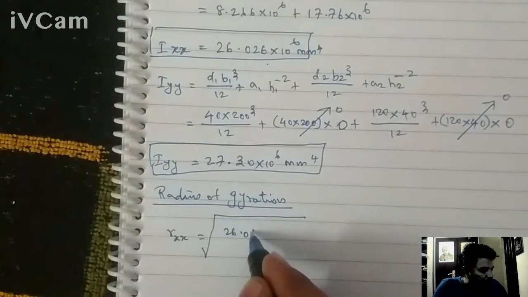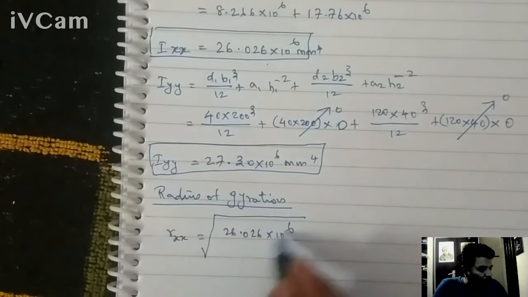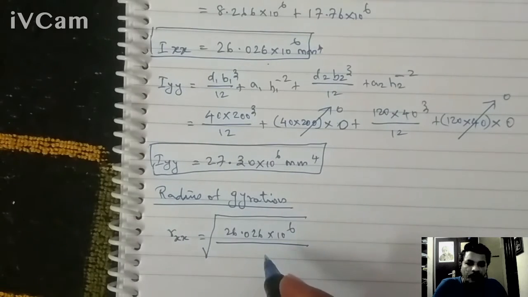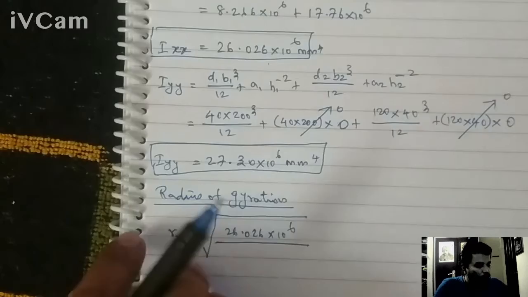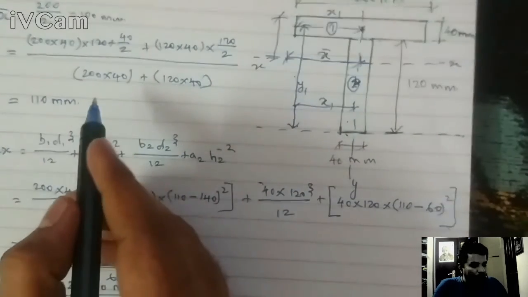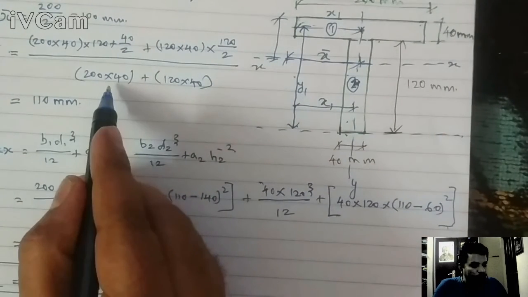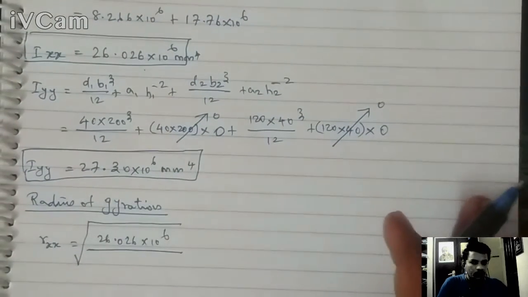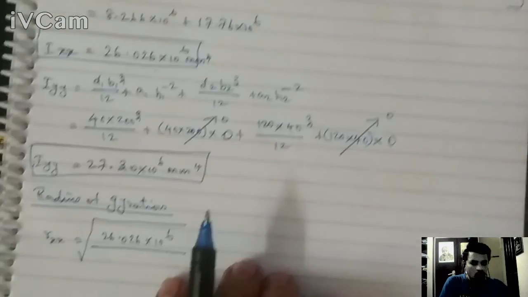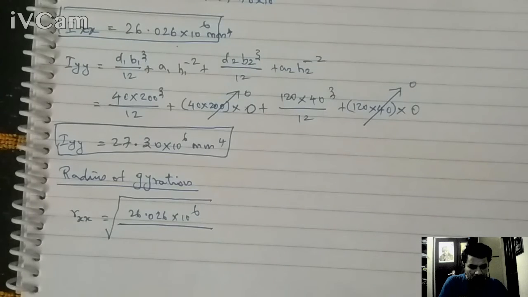26.026 into 10 power 6 divided by area. Area in the sense you need to provide the total area. So the total area is 200 by 40 plus 120 by 40. Just I am calculating 200 by 40 plus 120 by 40.